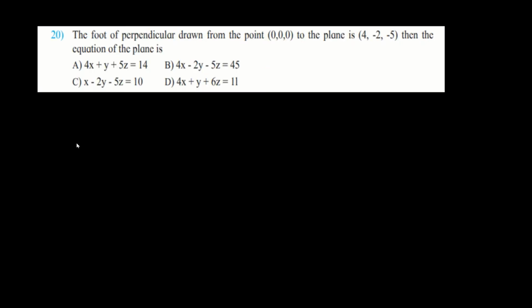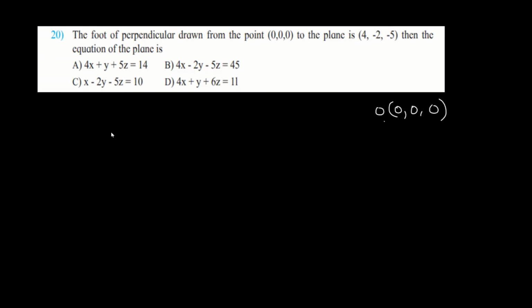Now, in the 20th sum, the question is: the foot of the perpendicular drawn from the point (0, 0, 0) to the plane is (4, minus 2, minus 5). Then the equation of the plane. We have to find the equation of the plane from these options which are given over here. Now, the situation is this way. Suppose we have O as the origin, which has the coordinate (0, 0, 0).